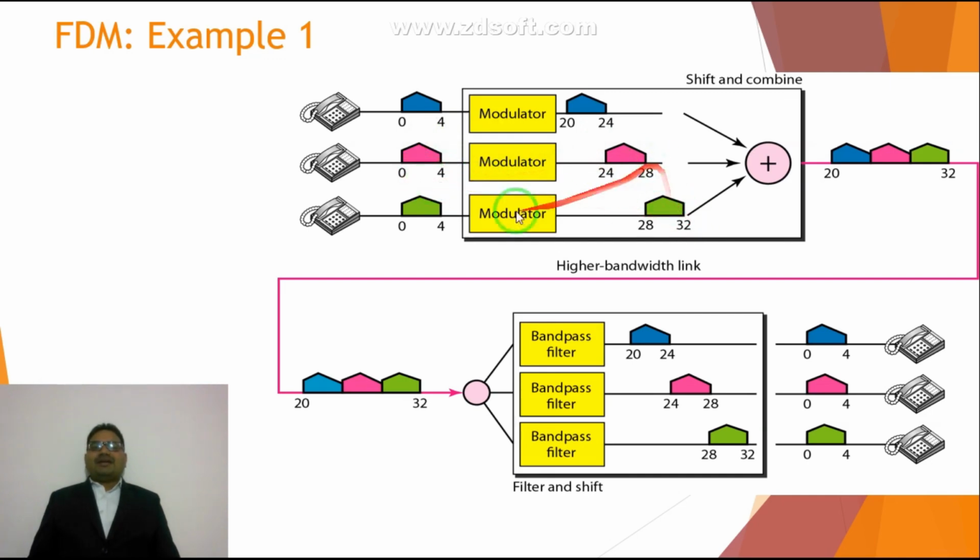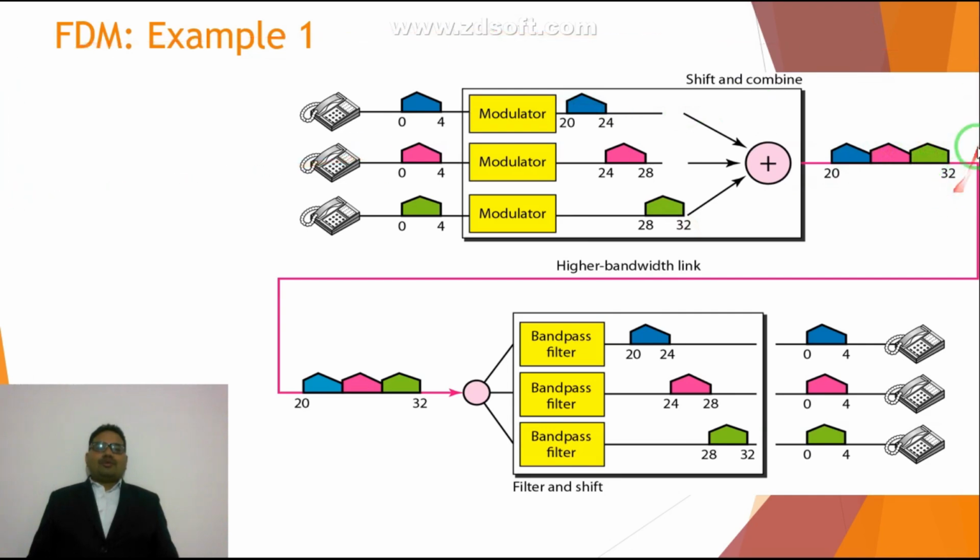Similarly, the third voice channel is assigned 28 to 32 kilohertz, that is 28 plus 4. Then these three modulated signals are added to form a composite signal, which ranges from 20 to 32 kilohertz.